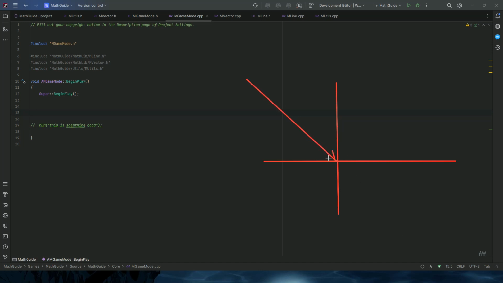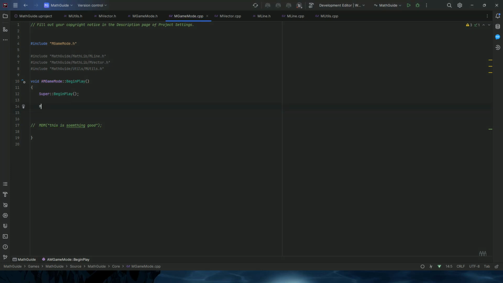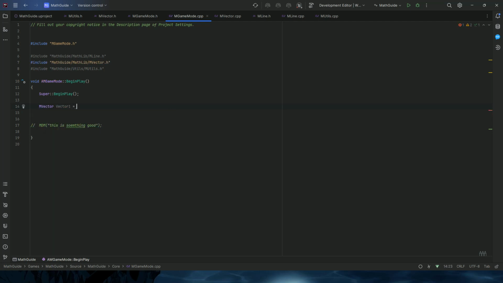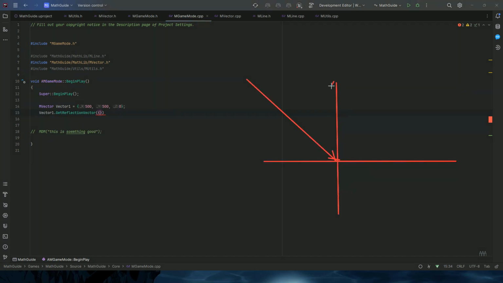If we want to point this vector, it will be FVector vector1 is equal to, comma 500 comma 0, and the reflection will be vector1 dot get reflection vector, and this normal will be, if you look here, this will be the normal, and the value will be x is 0, and minus y comma 0.